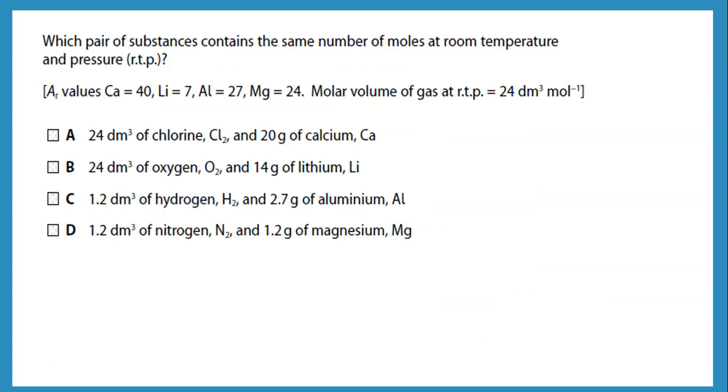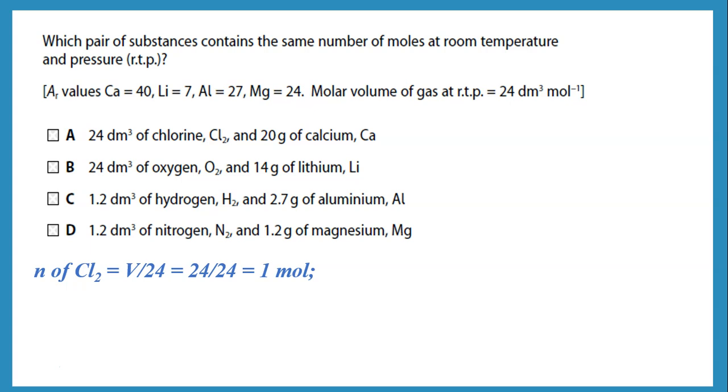Okay, this is another kind of question in which the question says which pair of substances contains the same number of moles at room temperature and pressure. Remember that we said room temperature and pressure, the number of moles is volume over 24.